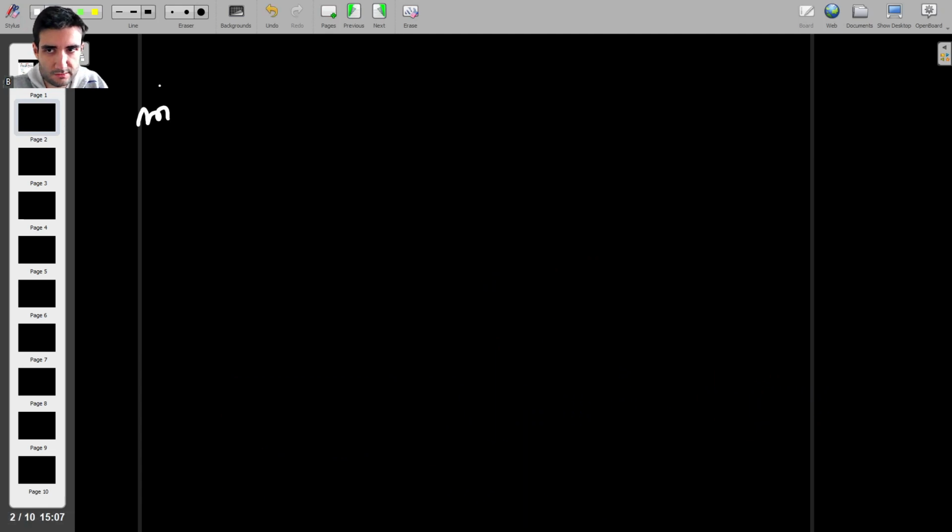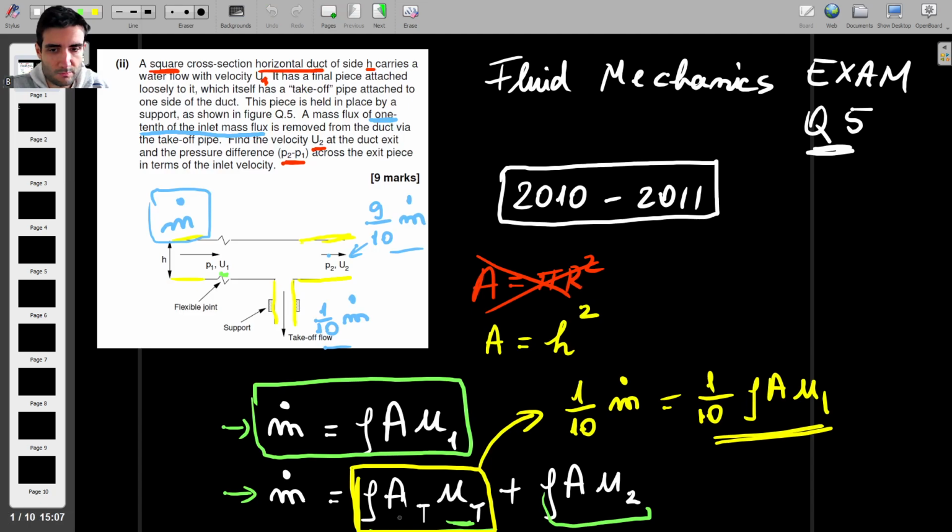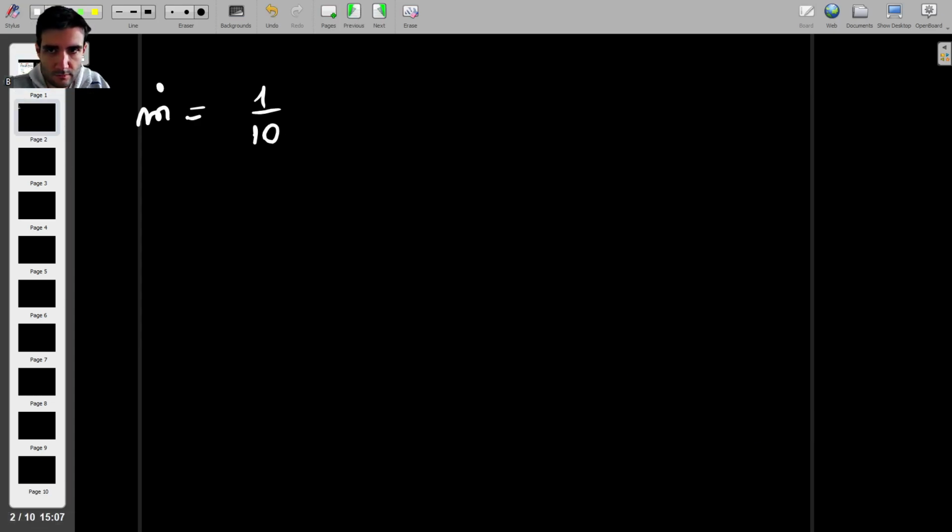We have m dot equals, instead of this stuff that I put in a yellow rectangle, 1 over 10 rho A u1.